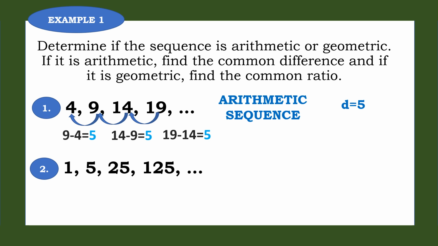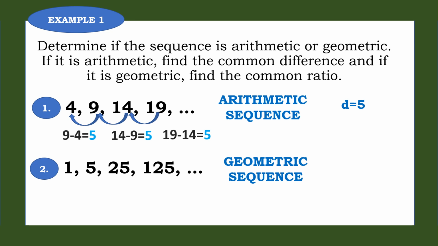How about the second sequence? We have 1, 5, 25, 125, and so on. 3 seconds to answer. 3, 2, 1. So this one is an example of a geometric sequence.